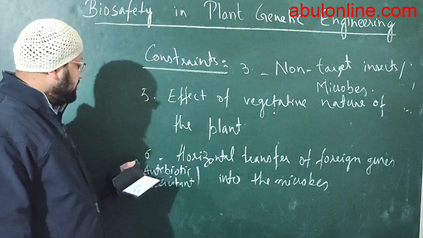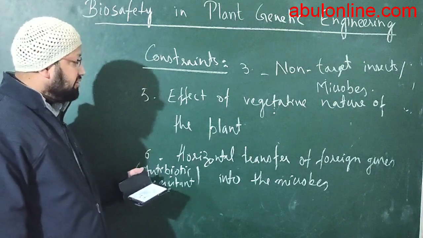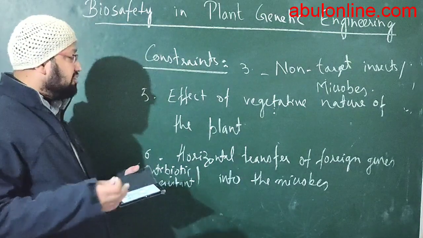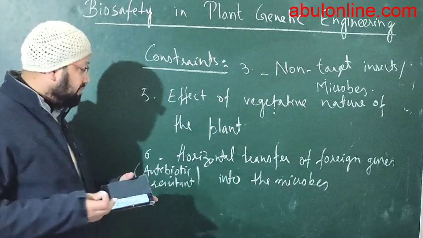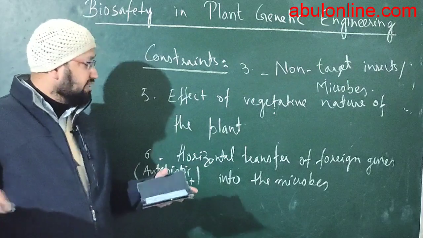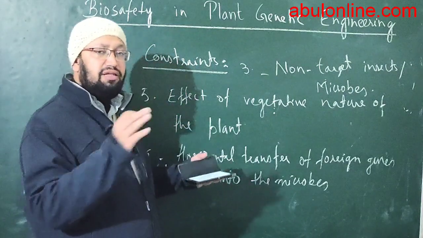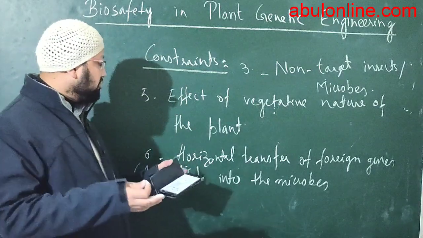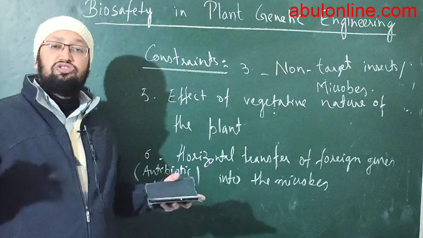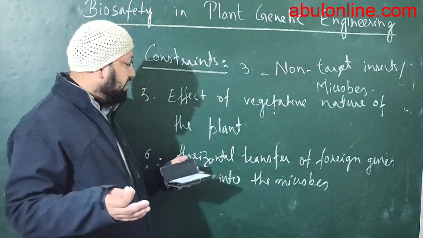So if we are using antibiotic resistant markers in developing the transgenic callus or the regeneration of the transgenic plant, then horizontally, because we are preparing it in Agrobacterium, it may infect and it may lead to the transfer of those antibiotic resistant markers to the natural microflora of the environment.